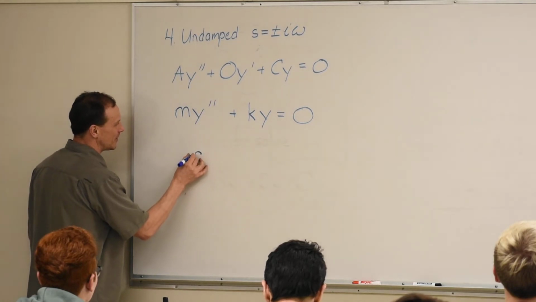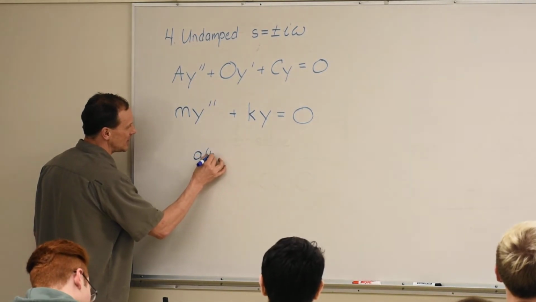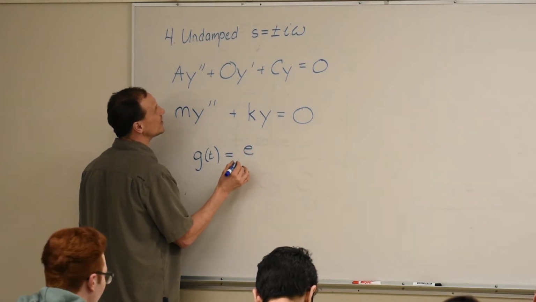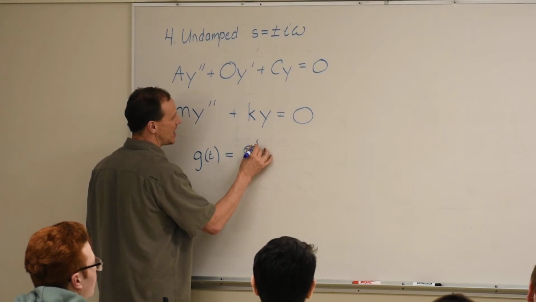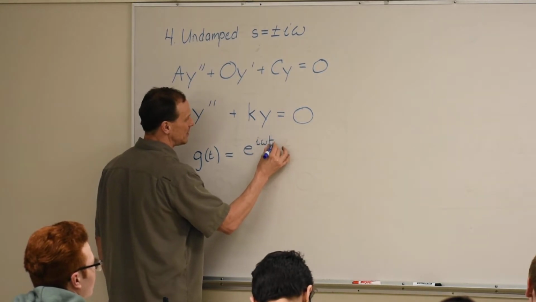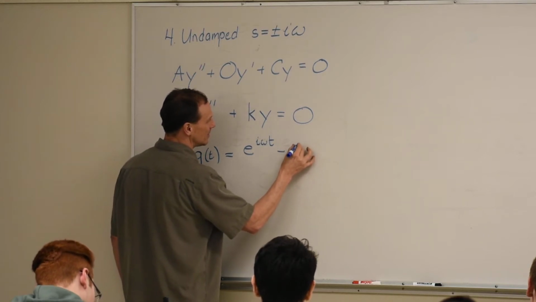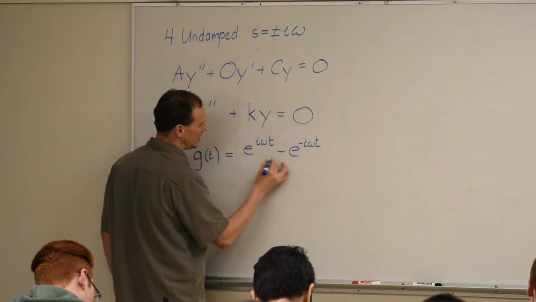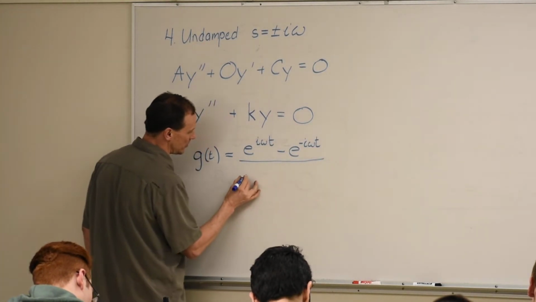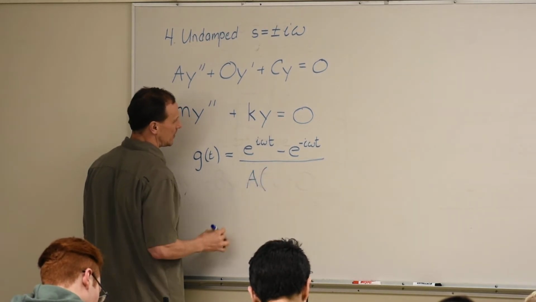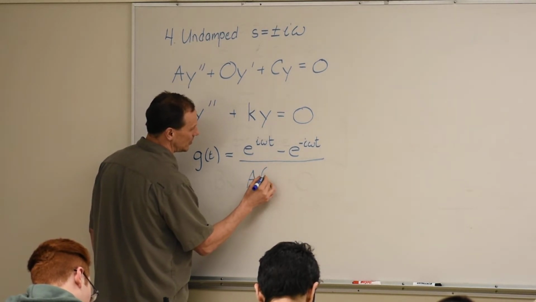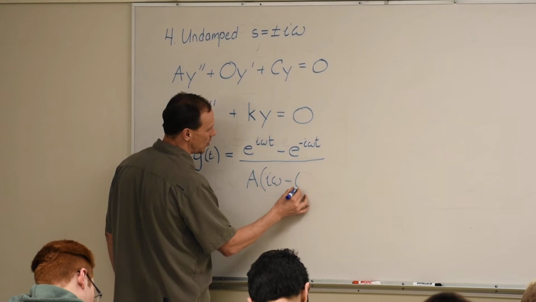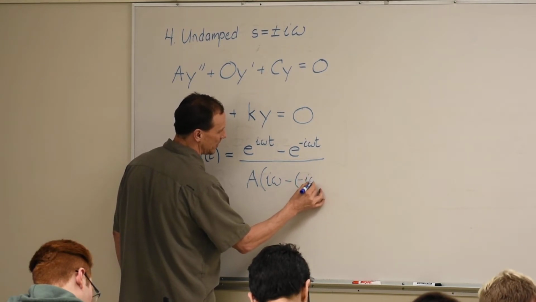Let's wind this up. So that would be g of t is equal to e to the i omega t minus e to the minus i omega t, all of that over A times s2. s2 we said is i omega minus s1, which is minus i omega.